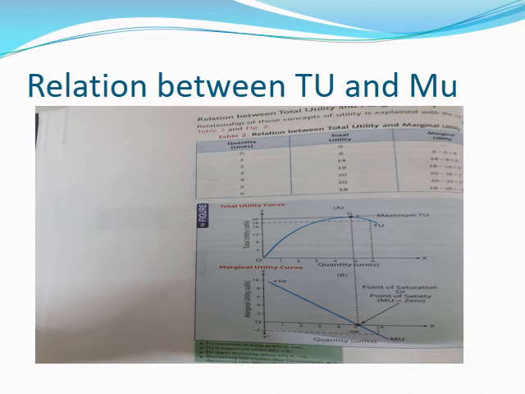Then the marginal utility of the fifth unit is 0. In this situation, total utility becomes maximum, that is 20 utils. This situation represents the point of saturation. Accordingly, where marginal utility is 0, total utility will be maximum. In the sixth unit, the marginal utility is negative. As a result, the total utility falls from 20 to 18 units.